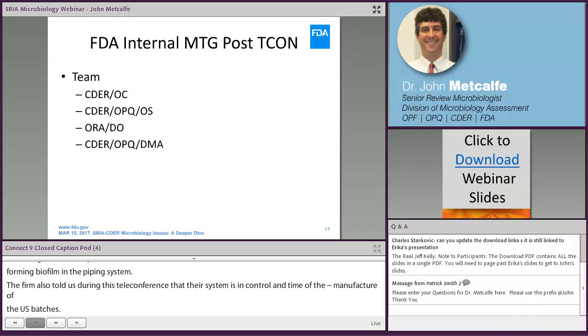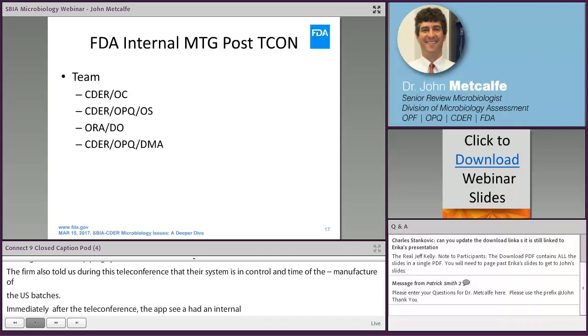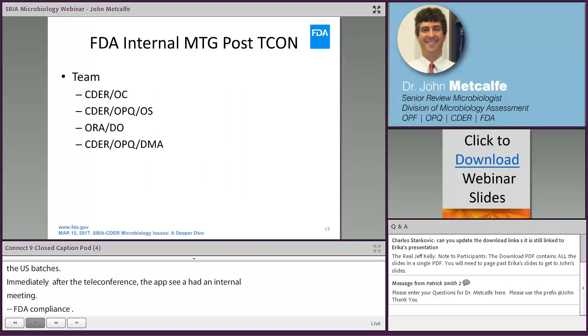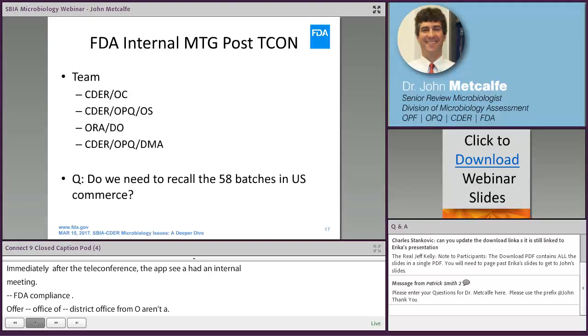We had CDER Office of Compliance, we had Office of Surveillance, we had the district office from ORA, the district office where that manufacturing site is located. And then finally, we had the Division of Microbiology Assessment at this meeting.